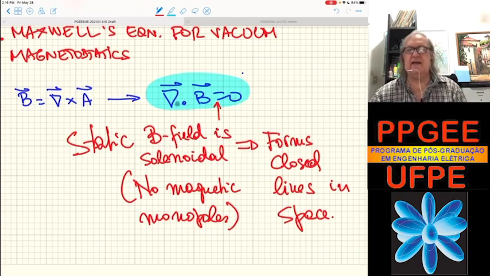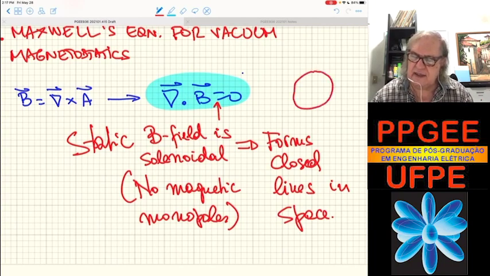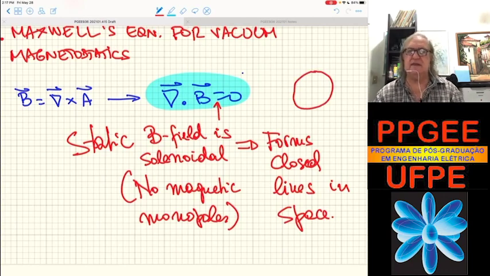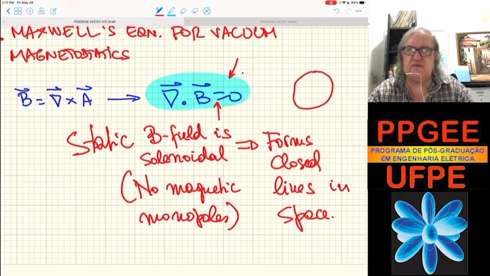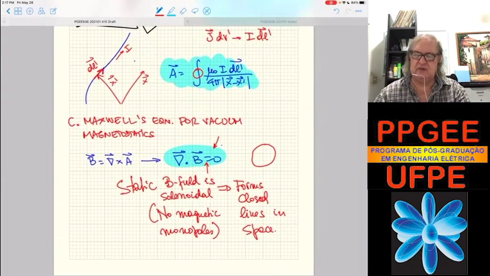So the magnetic flux density always forms closed lines in space. There's no beginning, no end, so there are no magnetic point charges for the B field. First conclusion, that's the first Maxwell's equation in magnetostatics in differential form, which will be valid also for dynamic fields. Okay, that's going to be one of the Maxwell's equations.